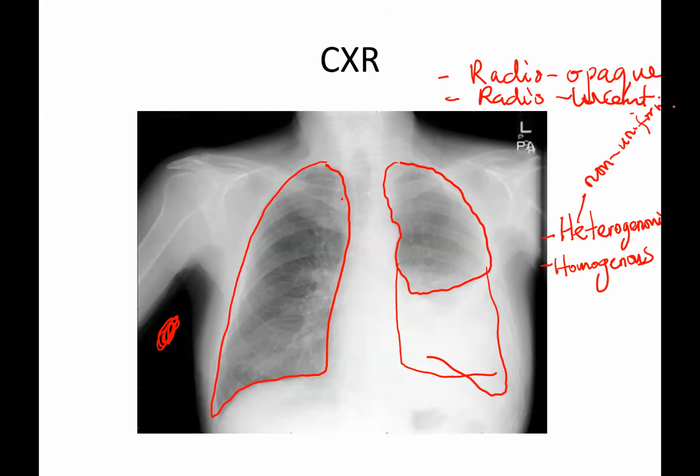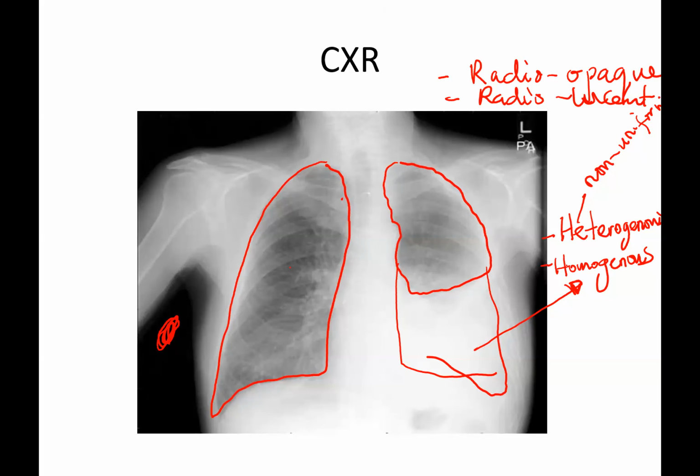When you say homogeneous, it is uniform. Now, if you look at this radio-opaque shadow that has occupied this part of the hemithorax, it is homogeneous, it's uniform. When you see a homogeneous opacity, that is fluid.